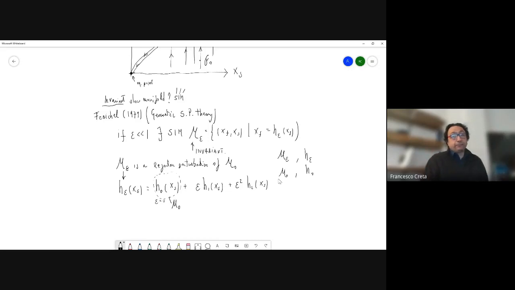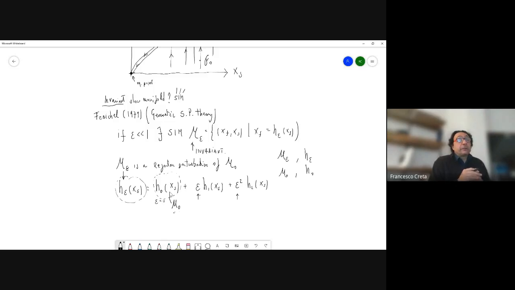That's just the theory. It's very nice because we can find a very good approximation of the SIM. If epsilon is very small, obviously m0 is a very good approximation of m epsilon, because clearly all these terms will be very, very small.